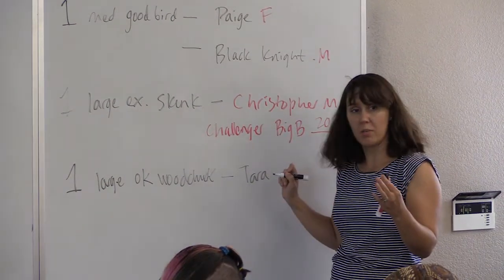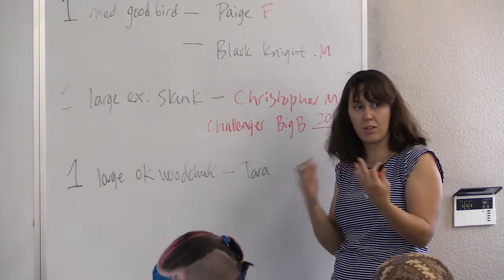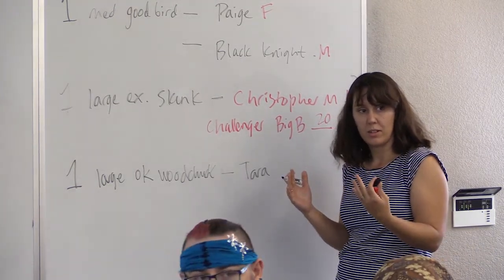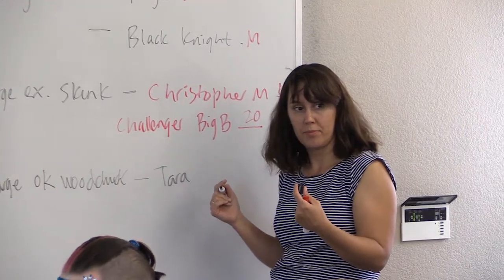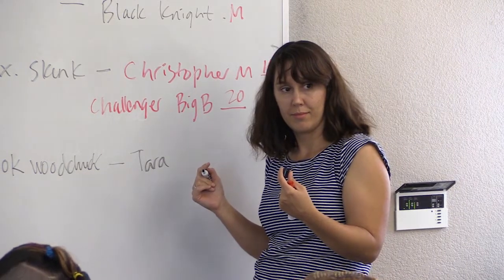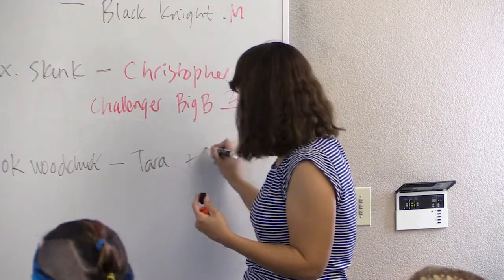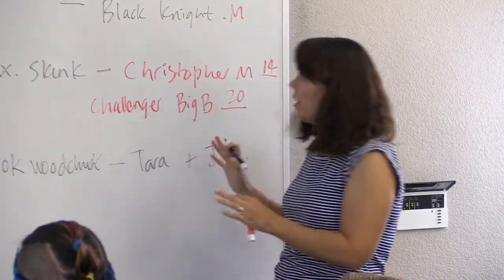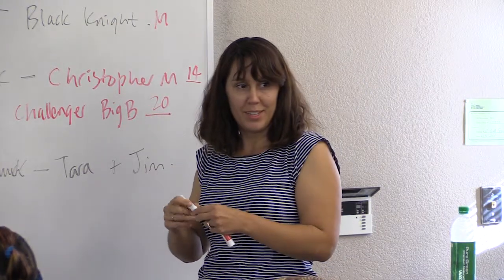So we've got Tara. Tara, would you like to mate with Jim? You need to talk to Jim about whether or not you guys have got, compare your scores. Your total. Oh. 47. Yeah. Okay, so Tara and Jim. Okay, so at this point, we've got 3 couples on 3 pieces of carrion.